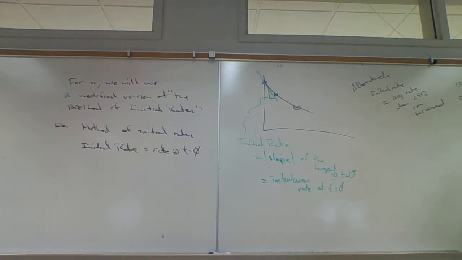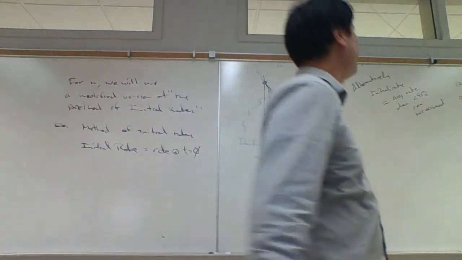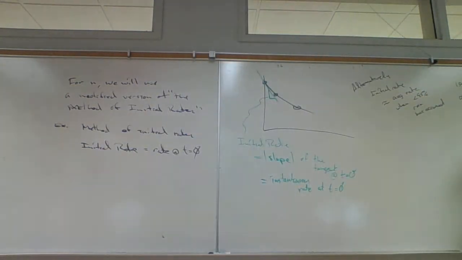And although this is a curve, right? This is some kind of curve. What we're going to do is we're just going to go ahead and take the average rate here. And so we'll just take the first two data points and calculate the slope. And so we aren't going to draw the tangent line at time 0. We're just going to take the first two data points and get the slope of that. That gives us the average rate over this time interval from t0 to t, the first data point.